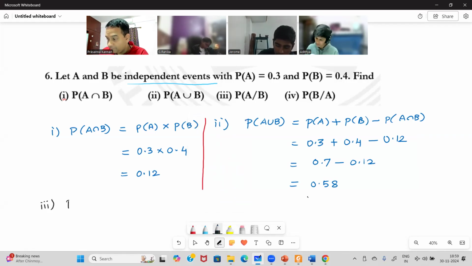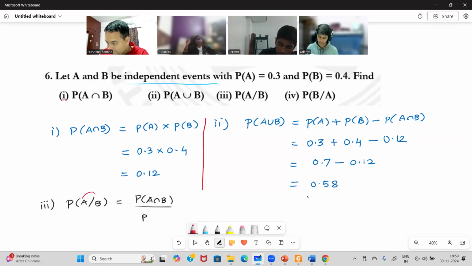Next one. P of A given B. What is the formula for P of A given B, Anika? Sir, it is P of A intersection B by P of A, sir. Sorry?